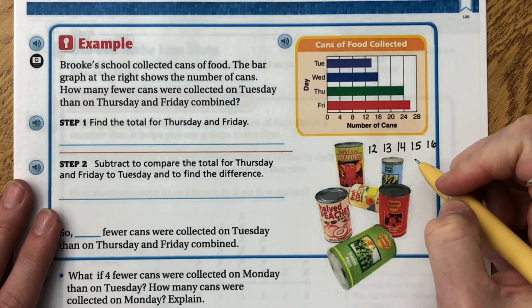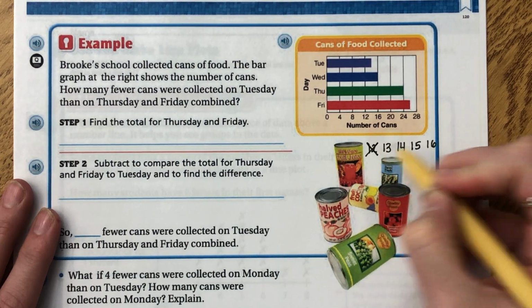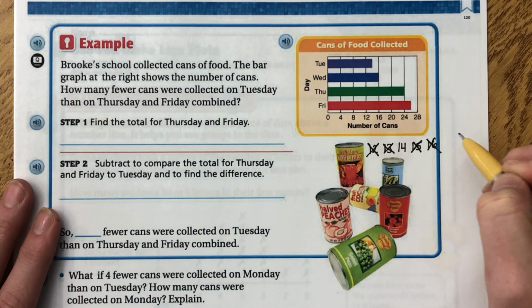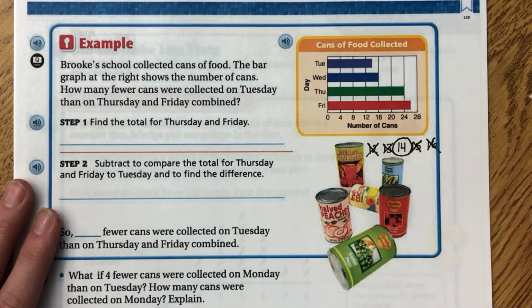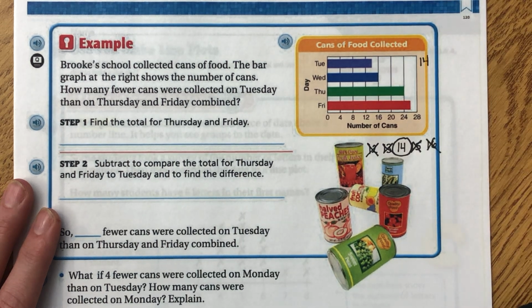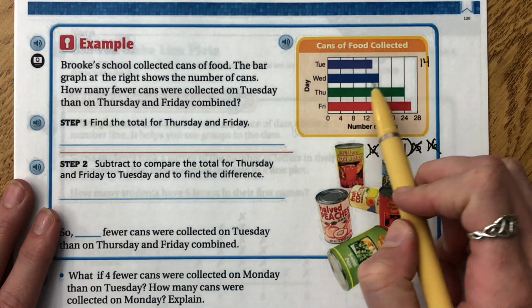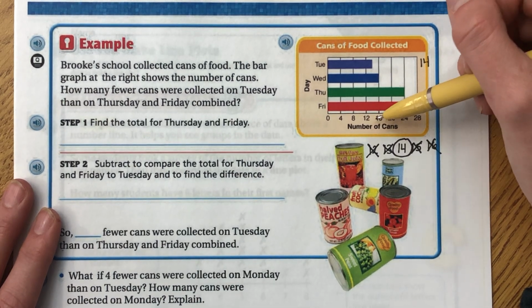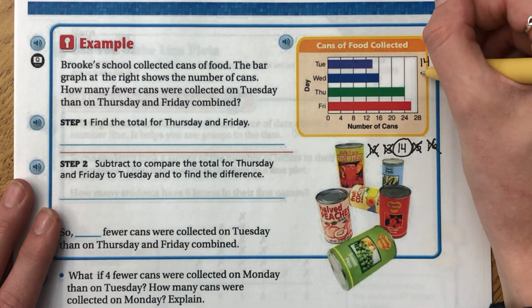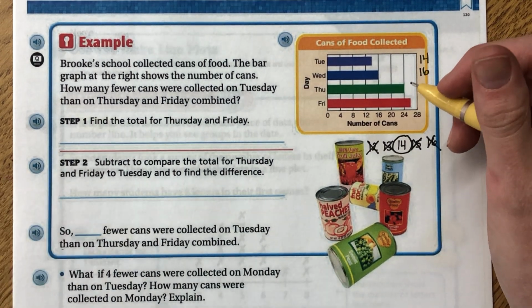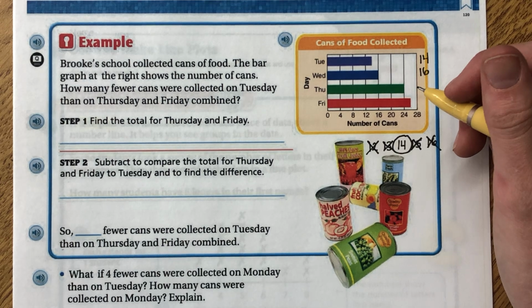Now, I need to find the number that's in the middle, so I'm going to cross one out from each side, cross one out from each side again, and I'm left with the number in the middle, which is equal to 14. Now, for the total of Wednesday, we're going to follow this line down here, and we land on 16. Now, go ahead and do the last two on your own.